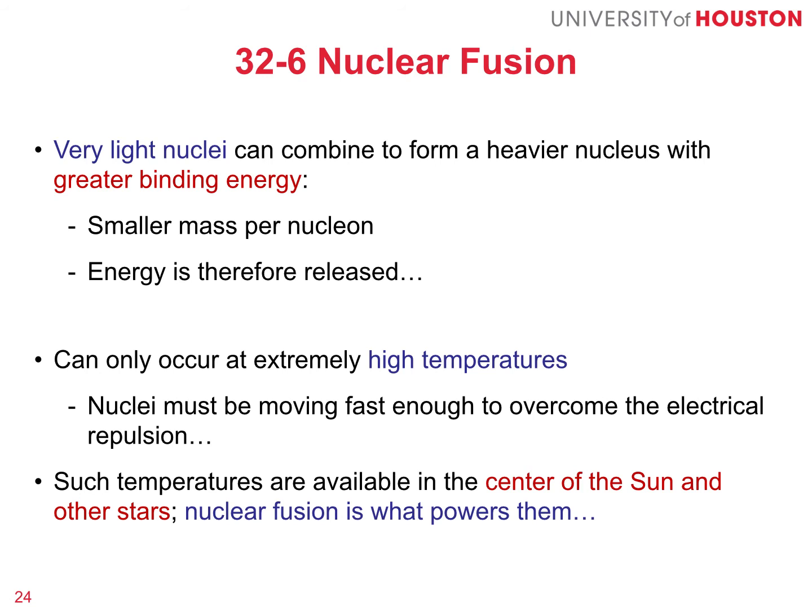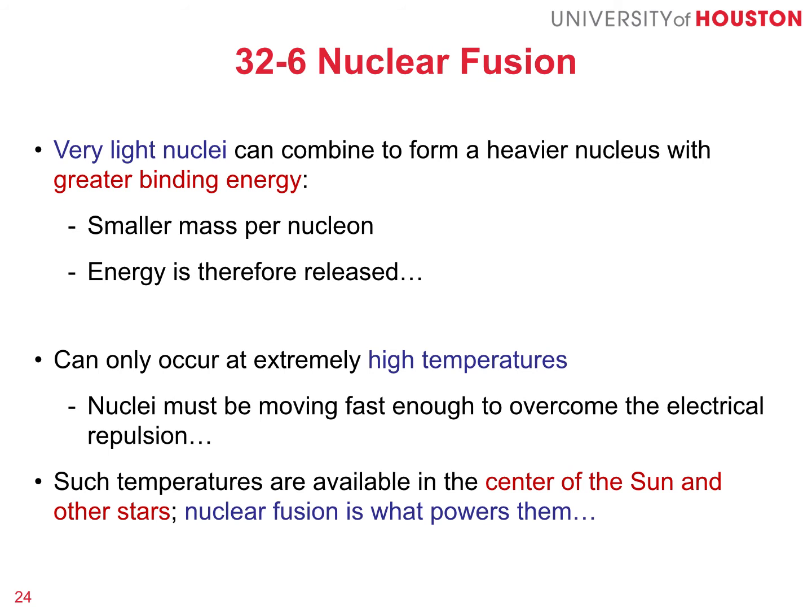This leads to a smaller mass per nucleon, and that smaller mass is released in the form of energy. Now, this can only happen at extremely high temperatures because one has to get the nuclei to overcome the electric repulsion, which becomes very strong as the nuclei come close together.